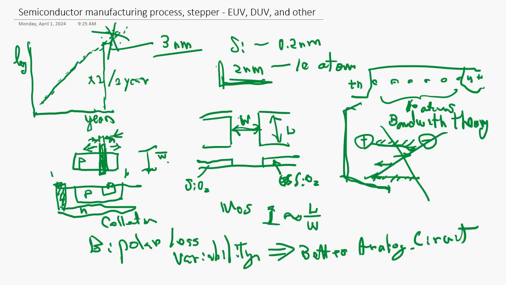And with MOS, you try to make this, and there is a diffusion. Sorry, this is silicon O2, and here you get the N. Let me clean up here.